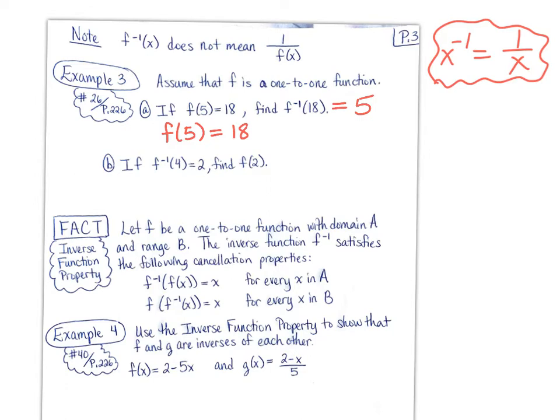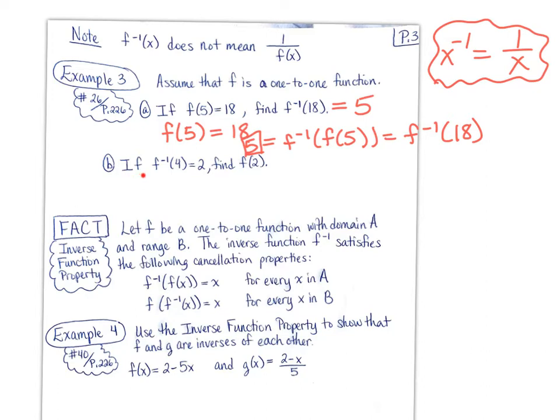So we can say that f inverse of f of 5 is going to be equal to f inverse of 18. F inverse composed with f is just the identity because they're inverses of each other. So we just get what's on the inside. So we just get 5. Good.